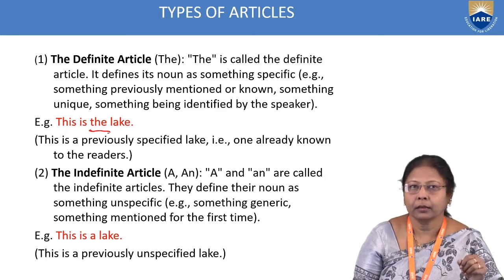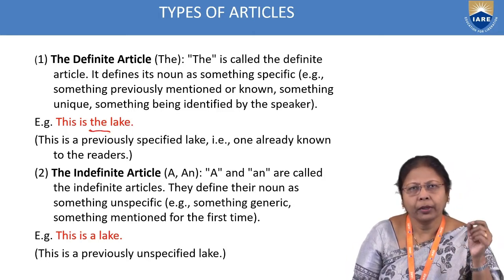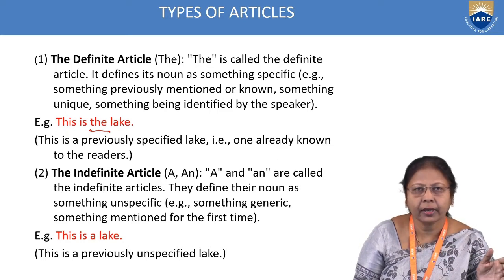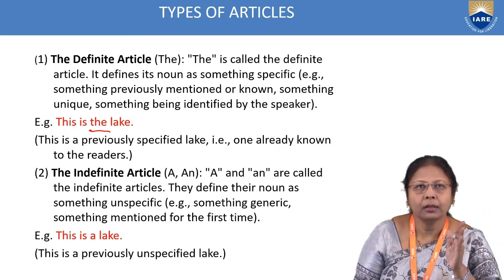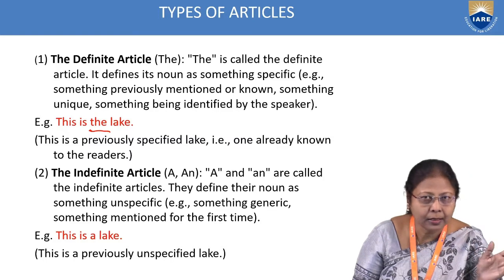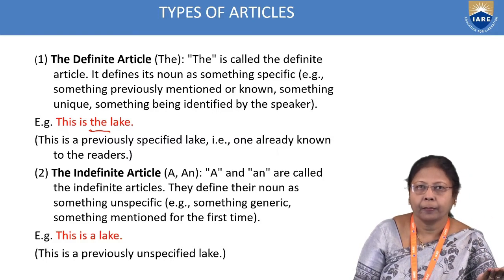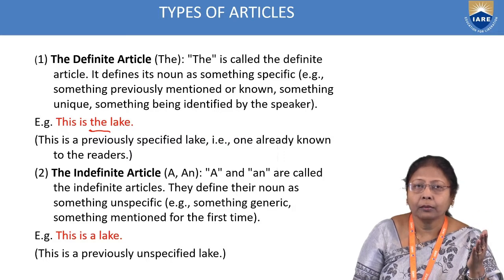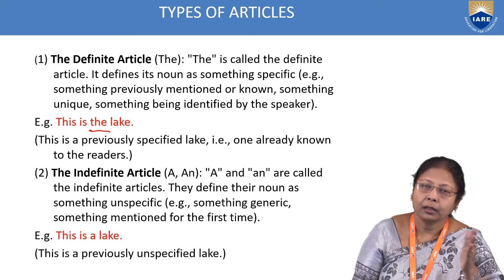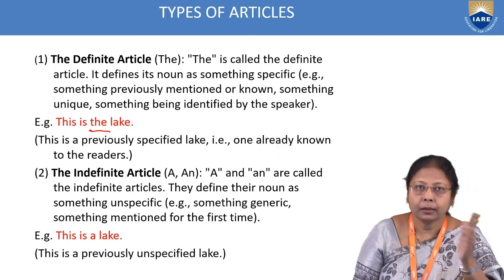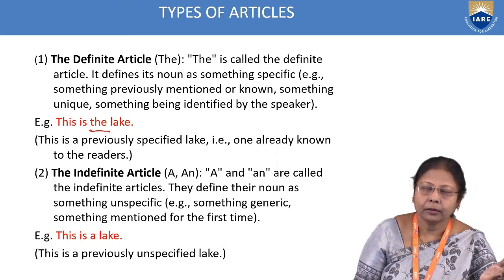The lake. So here, previously we haven't specified about this lake. Means we didn't discuss this lake previously. So if we never discussed it previously, then we can go with a or an.